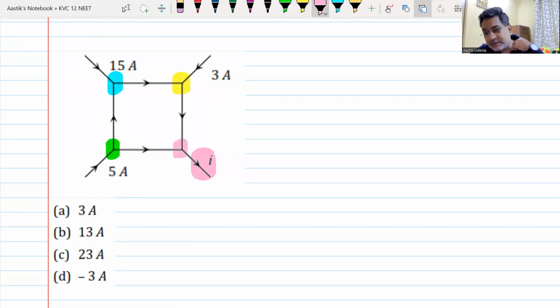How did you imagine that it would be 15 plus 3 plus 5? They were not inputs at the same point. They were inputs at different points. Yes or no? Yes, sir.